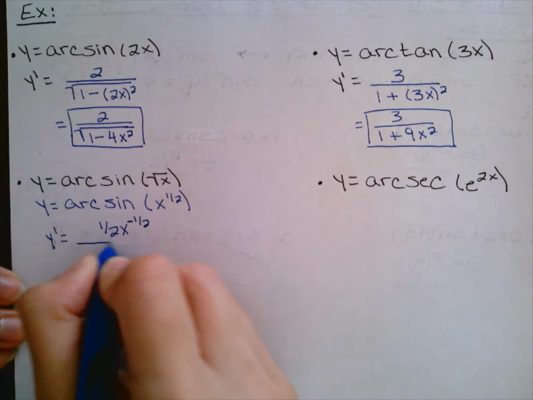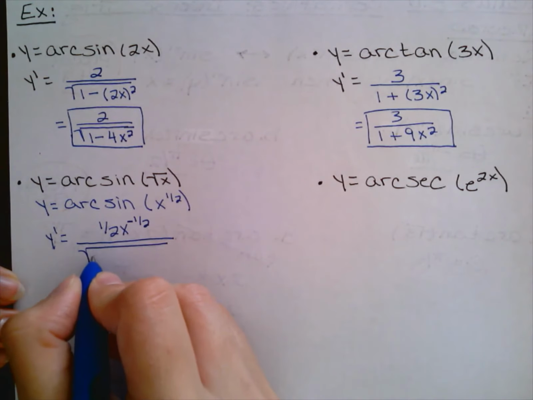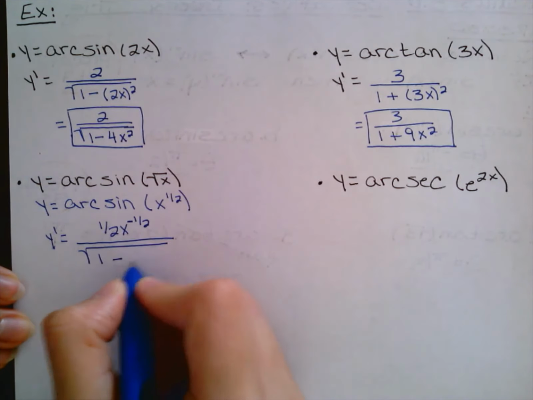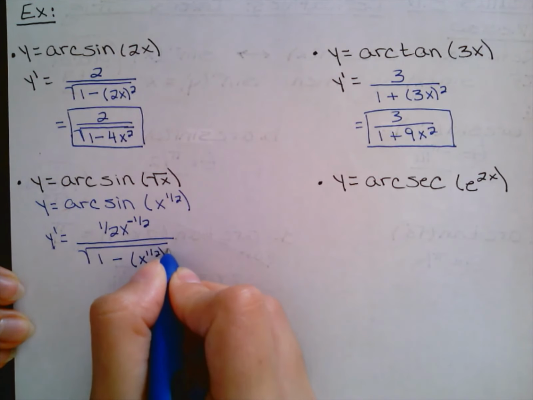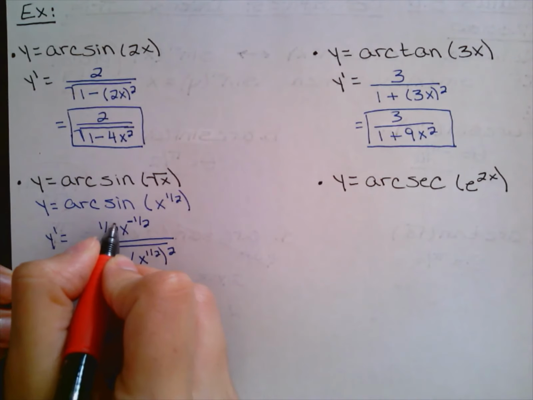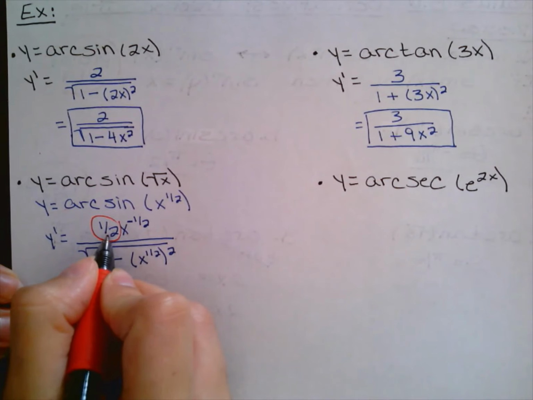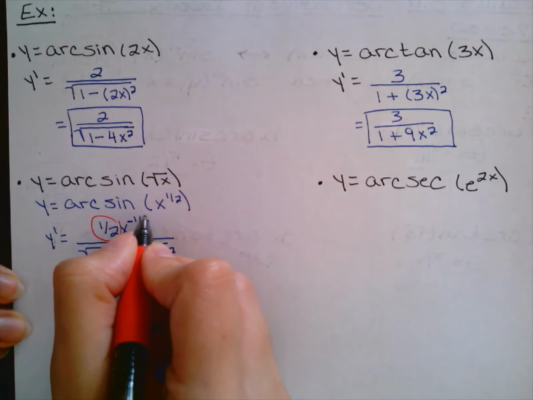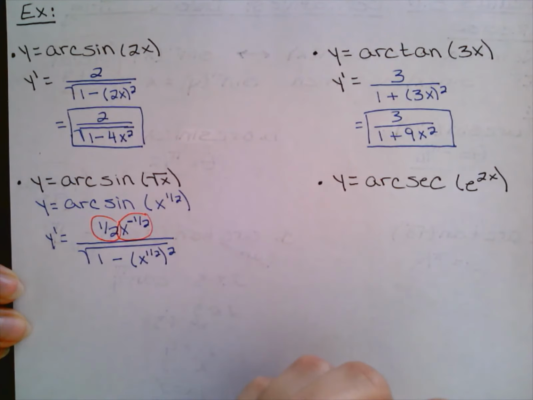I subtract 1 from the exponent over square root of 1 minus u, which is x to the 1/2 squared. All right, so a few things are going to happen here. Because this is a 1/2, this is a fraction within a fraction, this 2 is going to come to the denominator. And because this x raised to the negative 1/2 has a negative exponent, that's also going to come to the denominator. Okay, so that's the first thing that's going to happen.